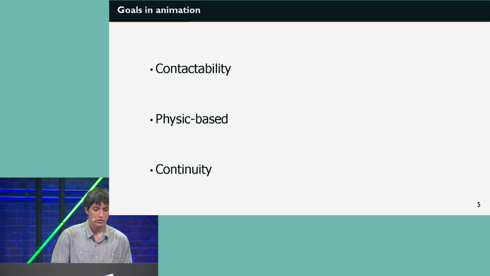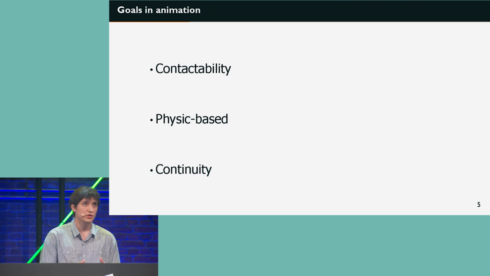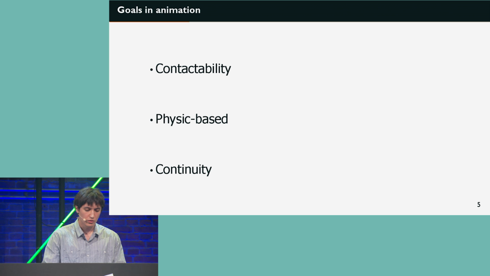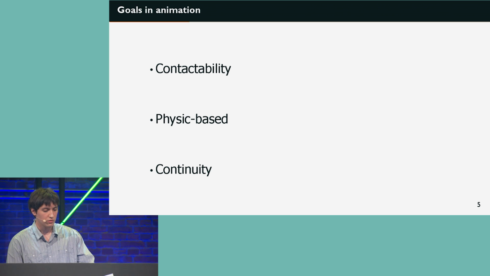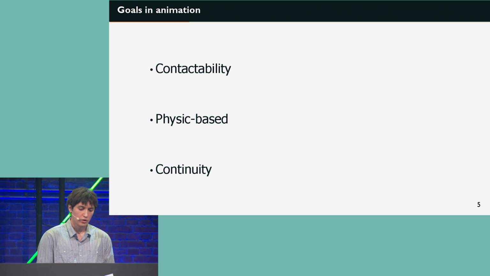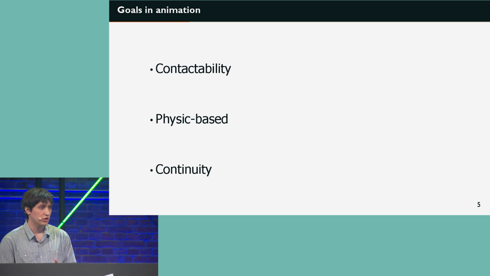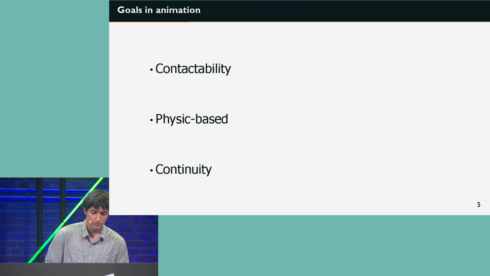Second, we wanted our animations to be physics-based, and by that, I mean physically realistic animations. So that meant that we looked at such physical values as position of the center of mass, moment of inertia, angular momentum, and we tried to preserve Newton's laws.